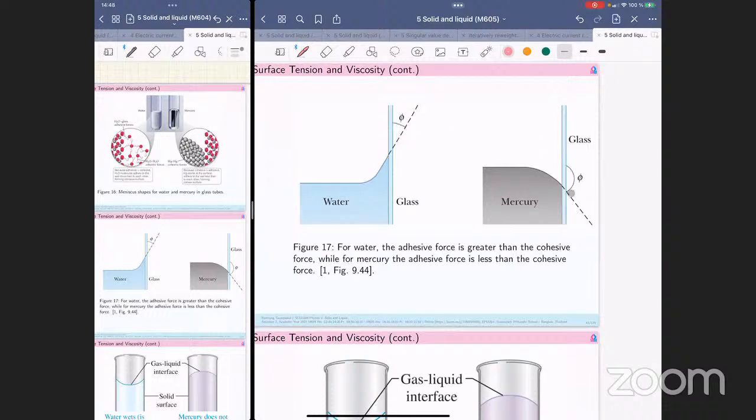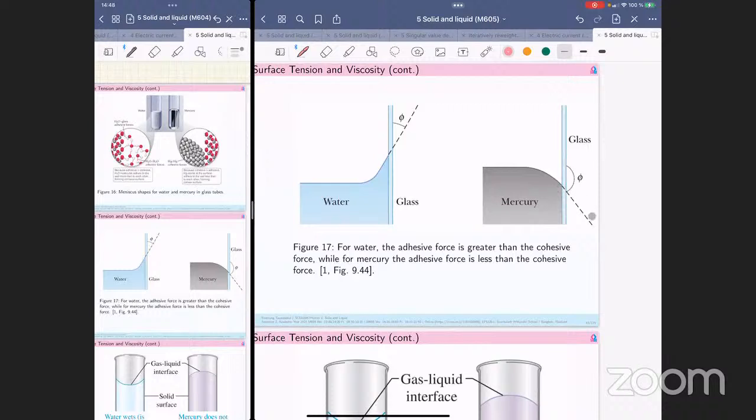And we have the angle phi here for the mercury case too, but the adhesive force between mercury and glass is not strong, okay? It's not stronger than the cohesive force among several mercury molecules, so they try to stay together, okay, because their cohesive force is stronger.